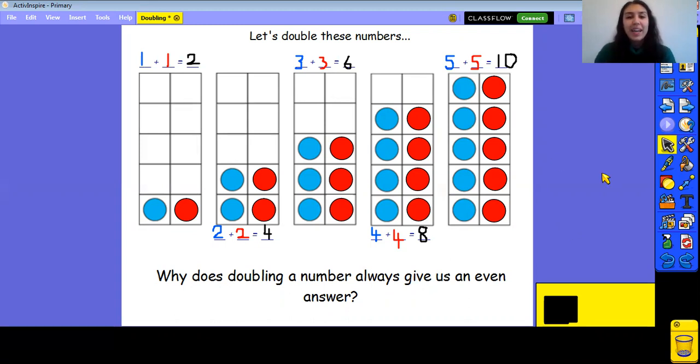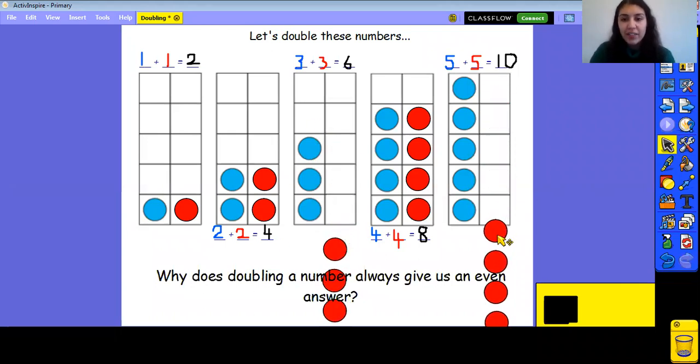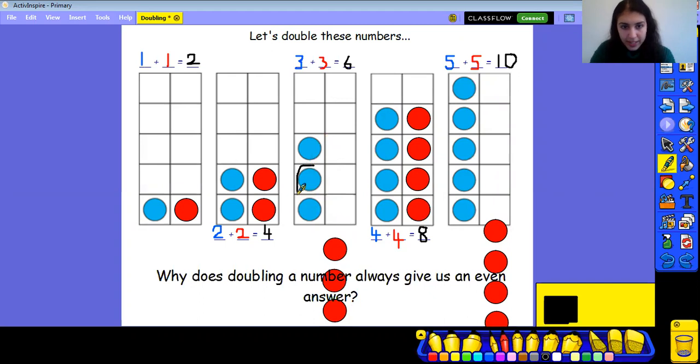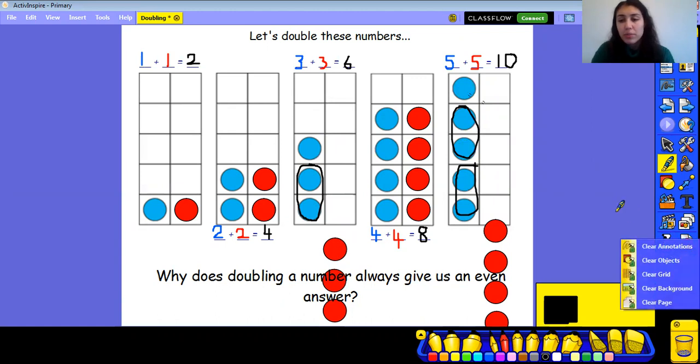So when we have odd numbers, such as 3, for example, or 5, at the moment they're odd because you can see there that I can make a pair, but this one doesn't have a friend, so it's odd. Over here, I can make 2 pairs, but this one doesn't have a friend, so it's odd.